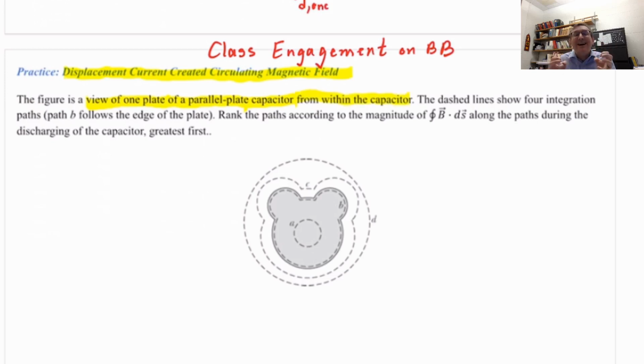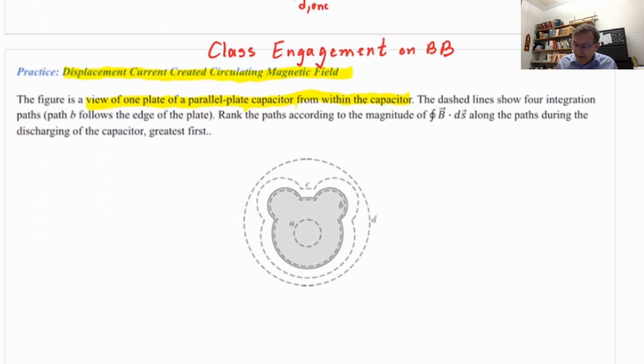You are inside the gap of the capacitor, looking at one of the two parallel plates. And yes, that's the Mickey Mouse shape.